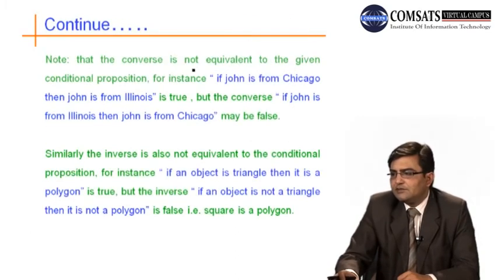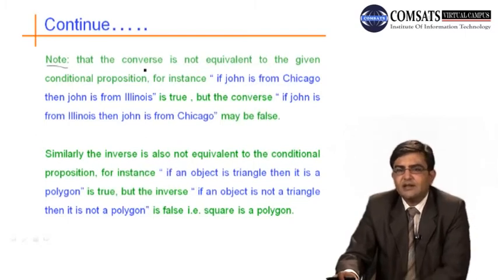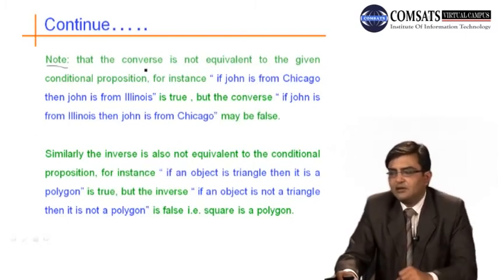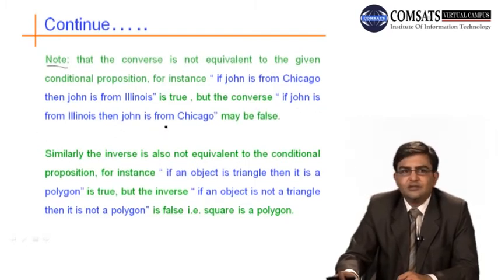Here are some other examples, showing that the converse is not equivalent to the given conditional proposition. There is a note here that the converse of a conditional statement and the conditional statement itself are not logically equivalent. So for example, if John is from Chicago, then John is from Illinois is true, but the converse, if John is from Illinois, then John is from Chicago, may be false.